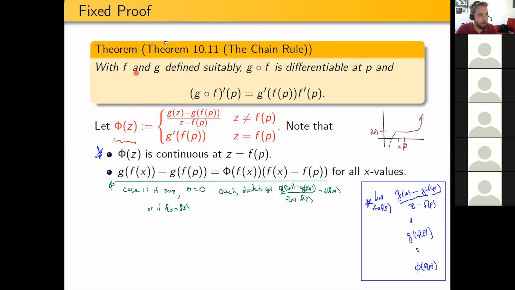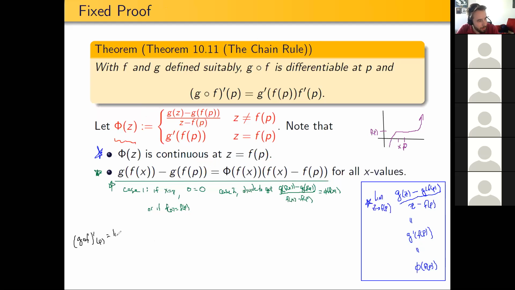So we are almost in a position to prove the chain rule here. We have that our function phi is continuous. We have that our function satisfies this equation for all x values. And now let's see if we can bring it home. The observation that we can make is that we're still trying to compute g of f prime of p.